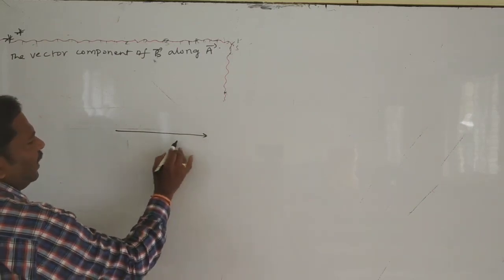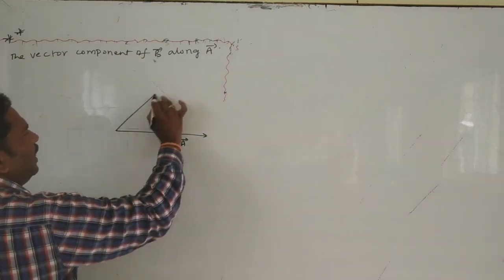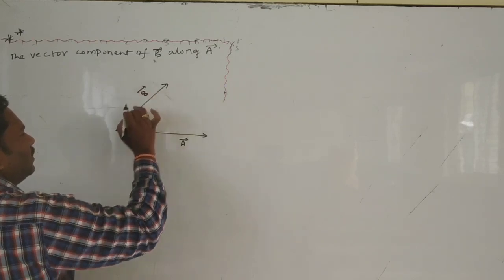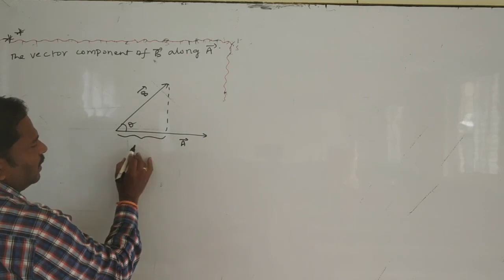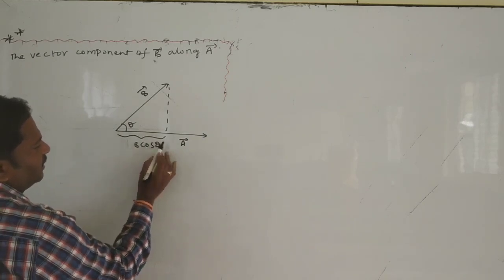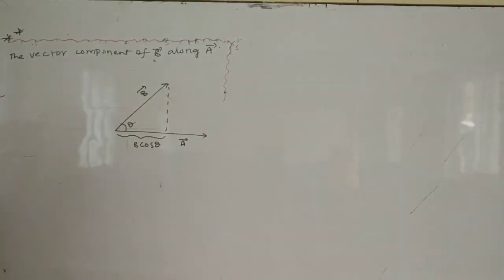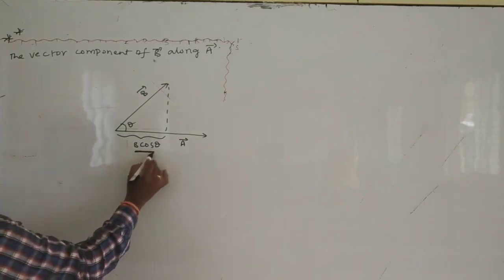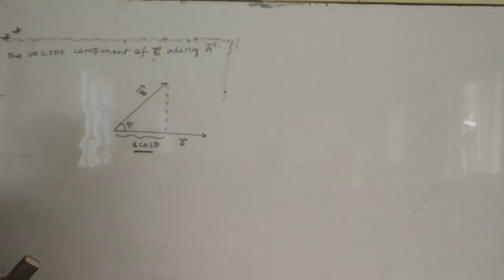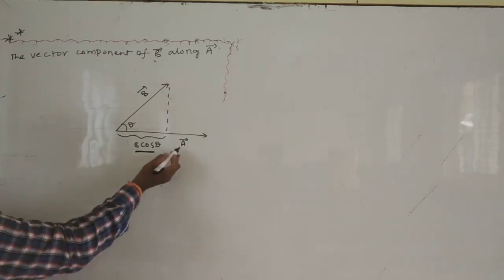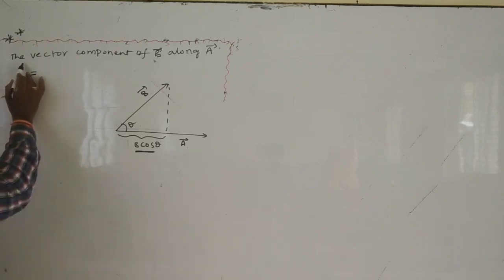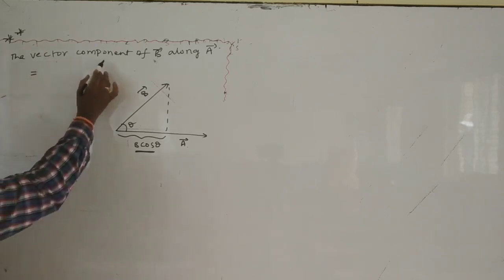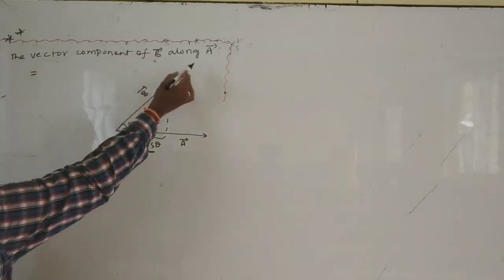This is A bar and this is B bar, with angle theta. In this direction we can write B cos theta. This component is along A, so it is the vector component of B bar along A bar.